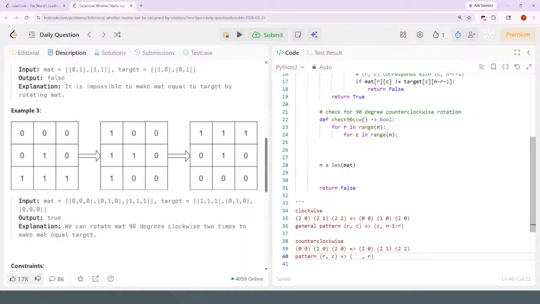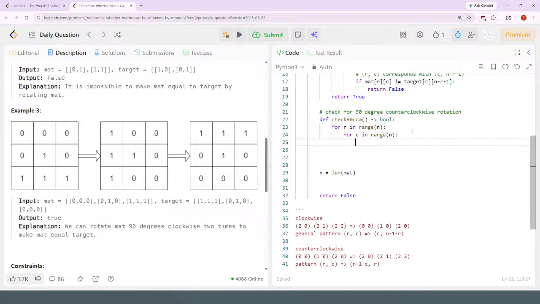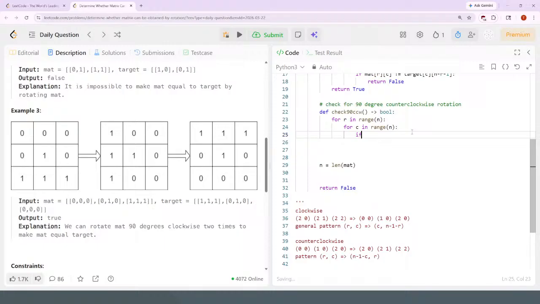And the value of the column matches the row. So n minus 1 minus column. Okay. If matrix at RC does not equal target at n minus 1 minus C, R.